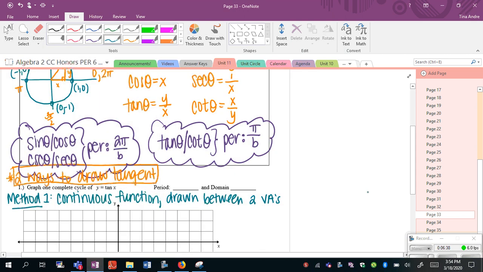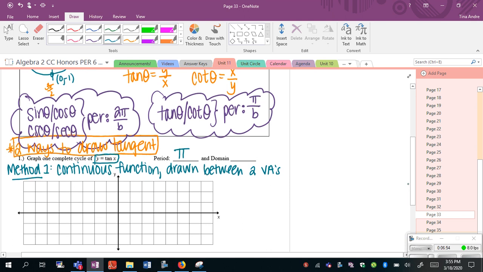So like I said, the period, since this is our most basic version of tangent, like our parent function, there's no b-value, well, the b-value is 1. So that just means the period is going to be pi. So now when I go to do this, we're going to treat our labels the same way. We want to find the 4 key points here. So for my labels, I'm going to continue how I did this before. So it's going to be 1/4 pi, or pi divided by 4, for the labels.